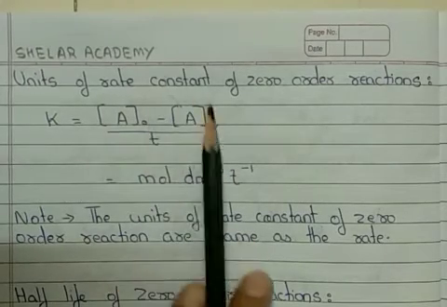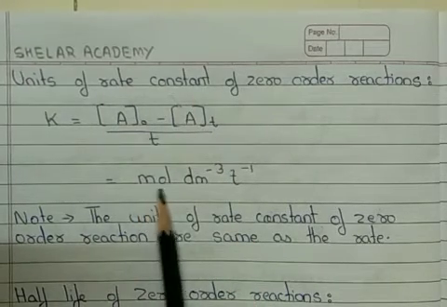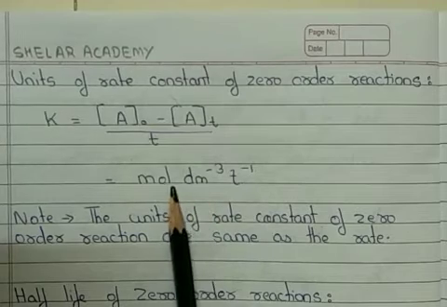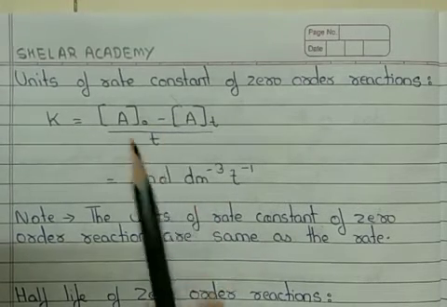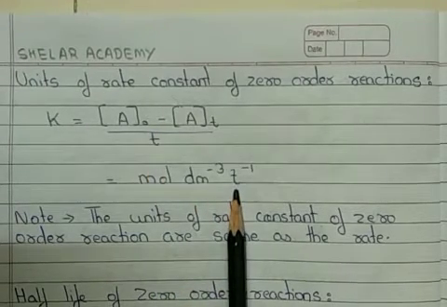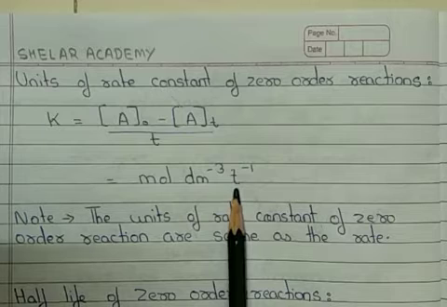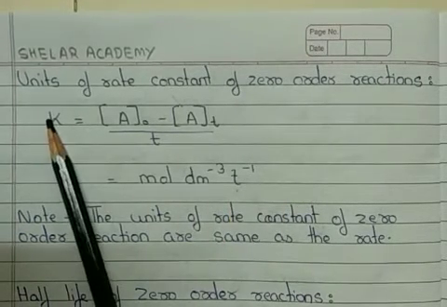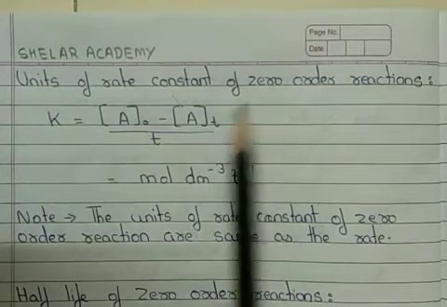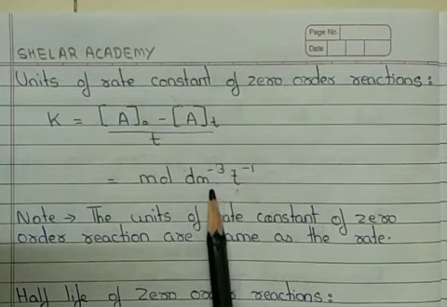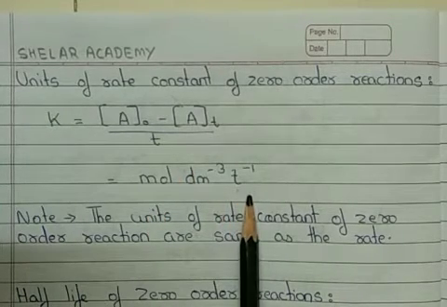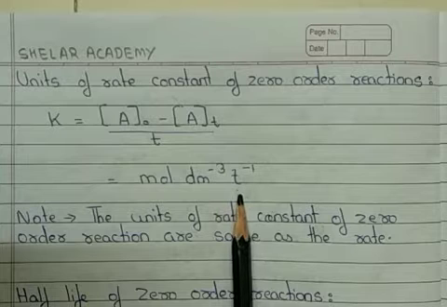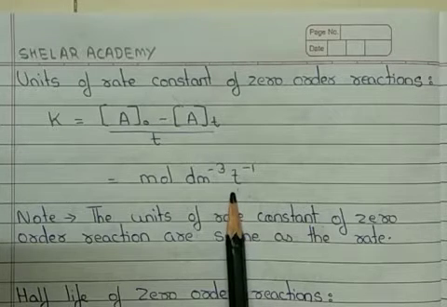Concentration is in mole per dm cube, or molar, upon time, which can be per second, per hour, per minute, per year, per month and so on. So the unit of rate constant for zero order reaction is mole per dm cube per time, or molar per time.